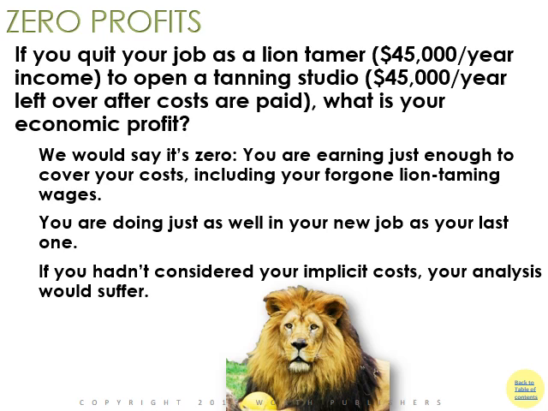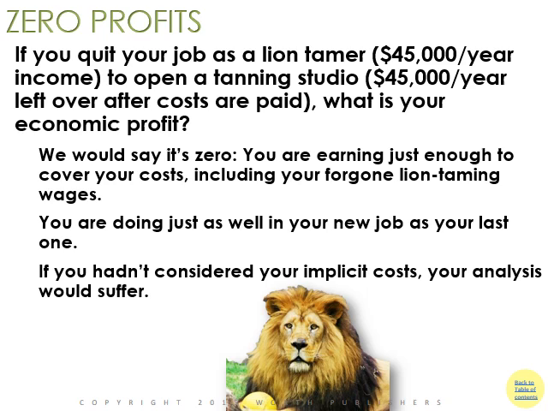In this example, you quit your job as a lion tamer where you earn $45,000 per year to open your own business, a tanning studio. Okay, so now when you look at the economic profit, it's the revenues from the tanning studio minus any explicit or outlay costs that you have to write a check for.